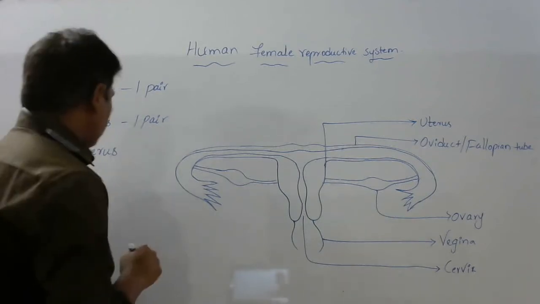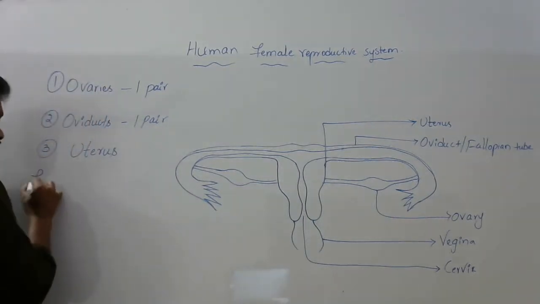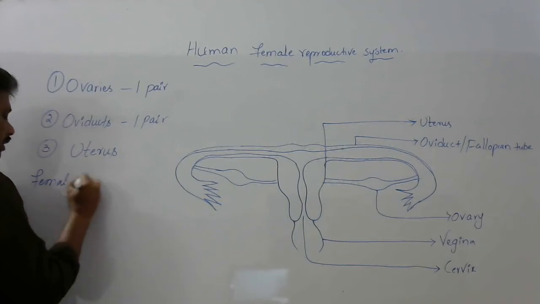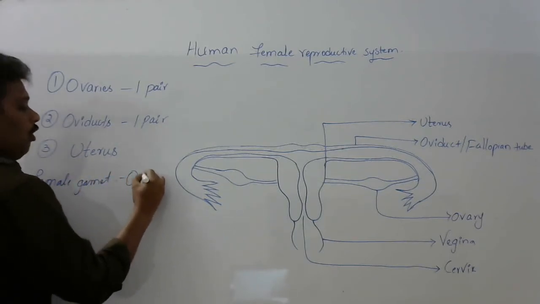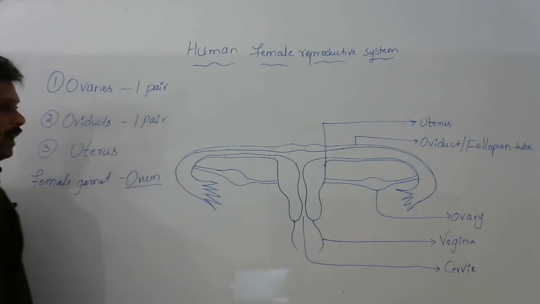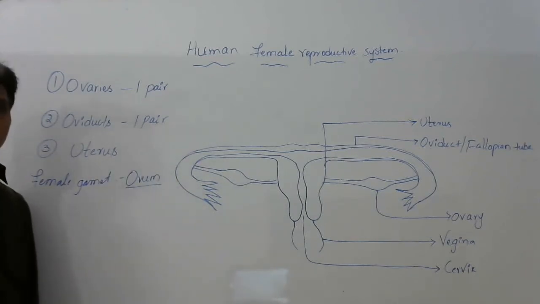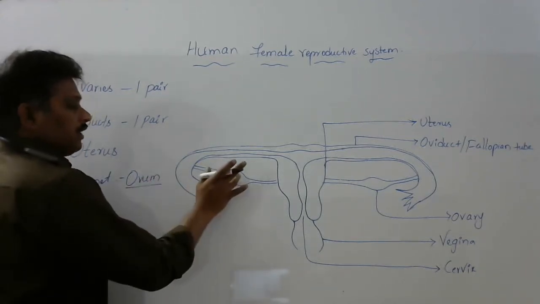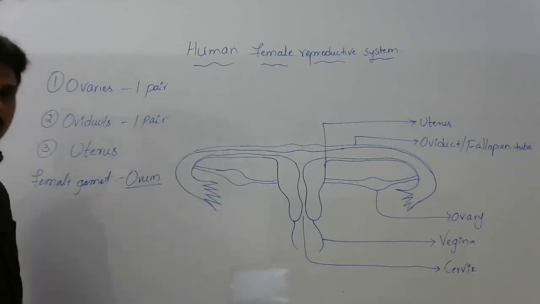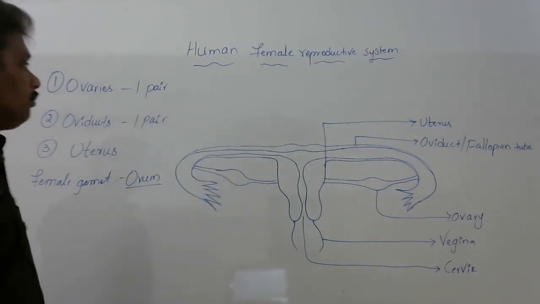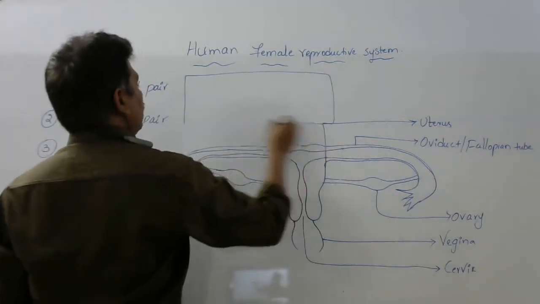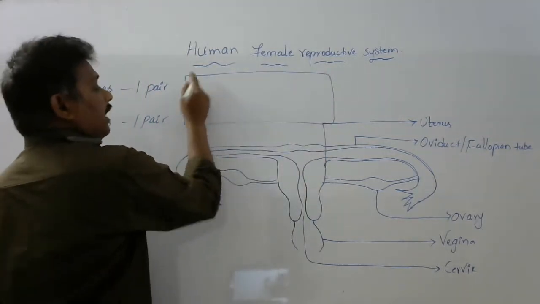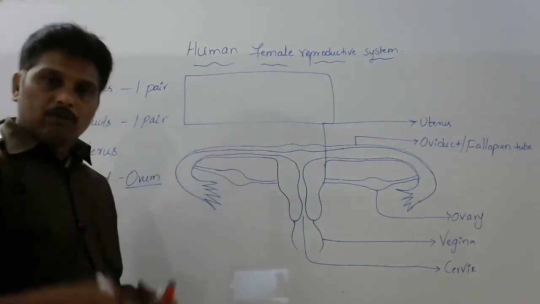Now, the female gamete is called the ovum. Where is this ovum present? Inside the ovaries. Right from birth, the female reproductive system consists of ovaries.